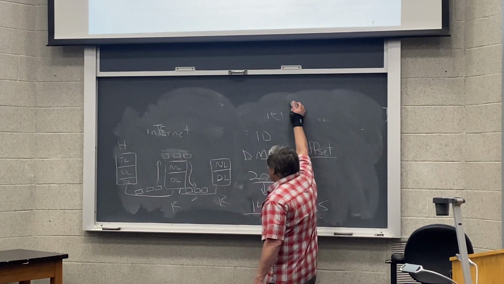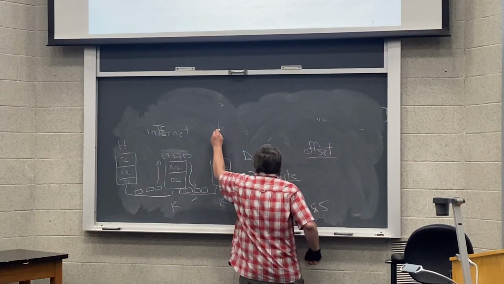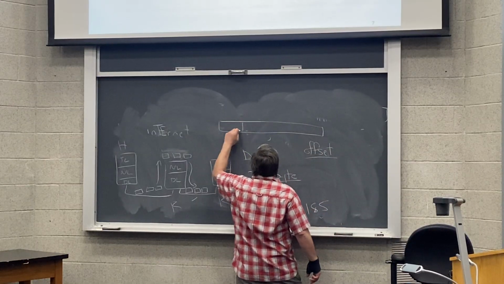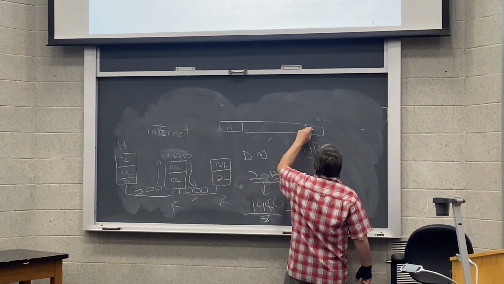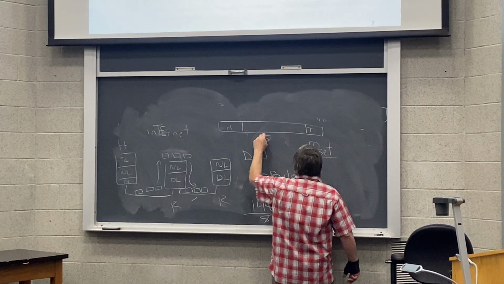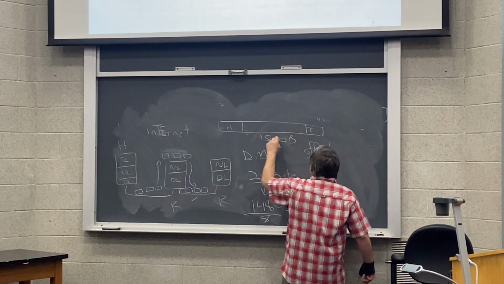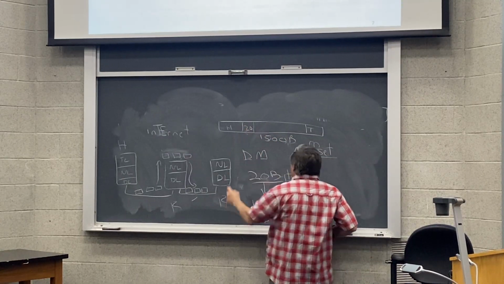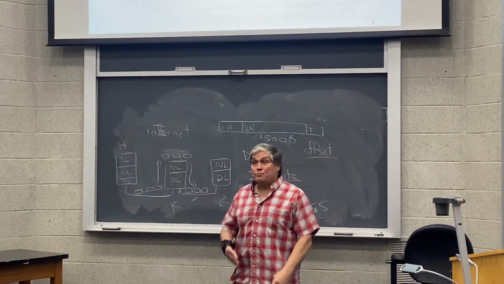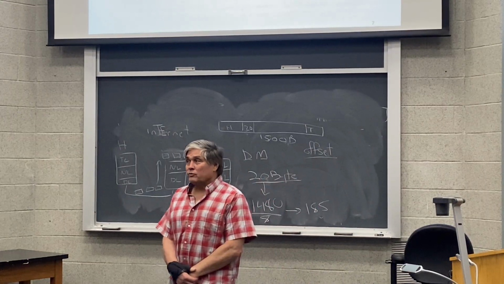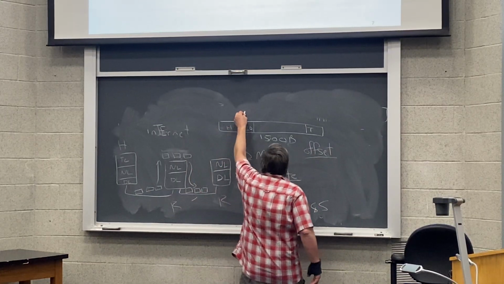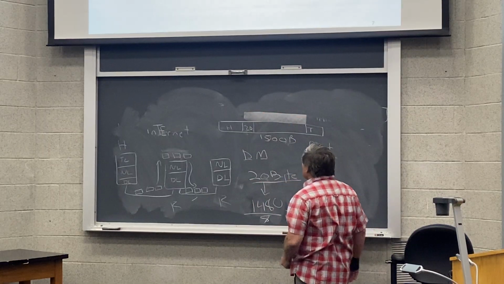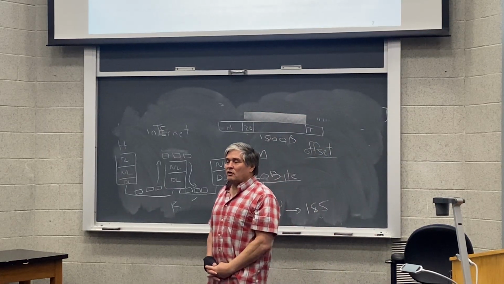So if this is an Ethernet packet, and here's my header, and here's my trailer, and here's 1500 bytes, 20 of it has to be the IP header. So this is my payload section, and I have 1500 bytes there.